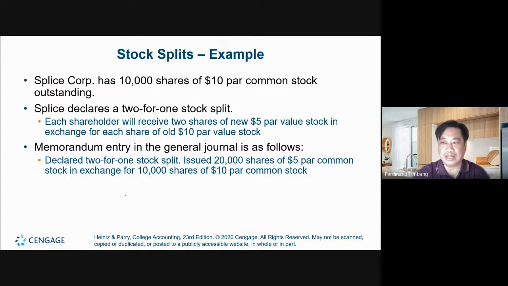The memorandum entry in the general journal is as follows: declared a 2-for-1 stock split, issued 20,000 shares of $5 par common stock in exchange for 10,000 shares of $10 par common stock. So that is how it comes out. To explain it further, let me show that in an Excel.